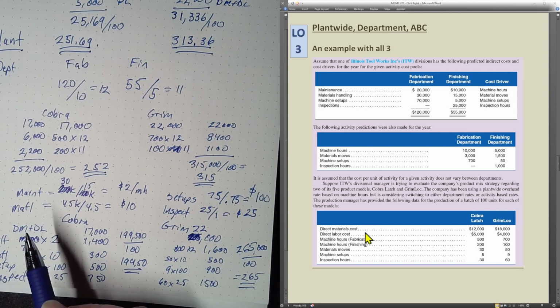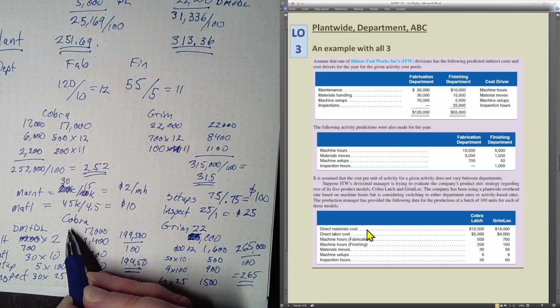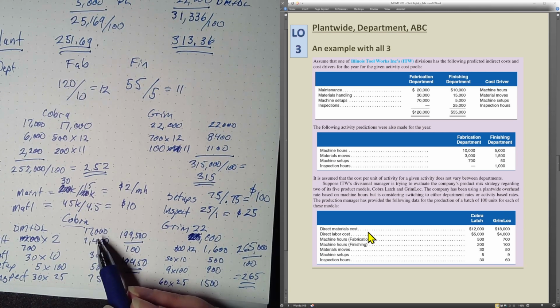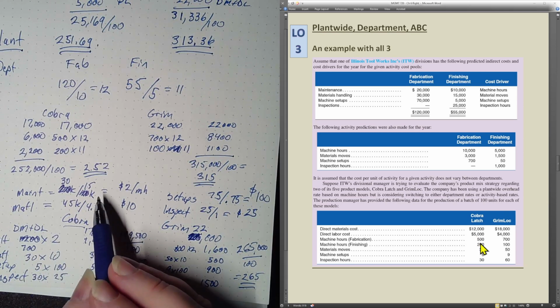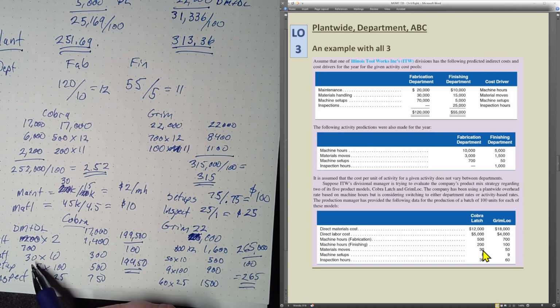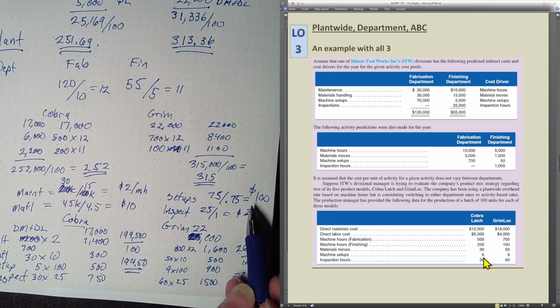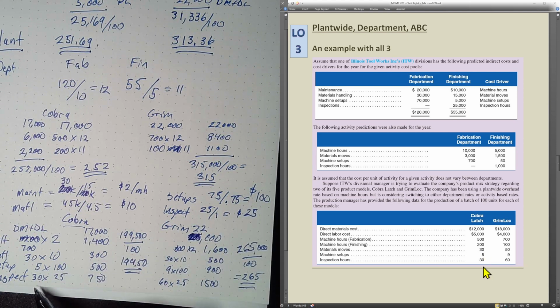So essentially, we've got the Cobra, which has 17,000, right? 12 and 5. And then we went through each activity: the total machine hours, 700 machine hours times $2 a machine hour, 30 material moves times $10 a move, 5 setups times $100 a setup, 30 inspections times $25 an inspection.